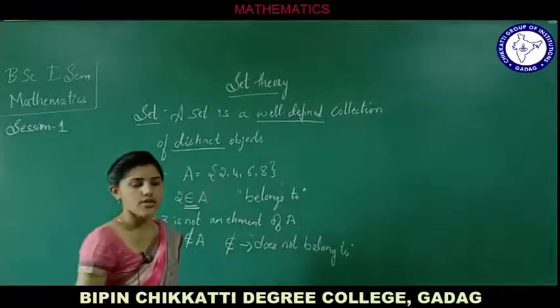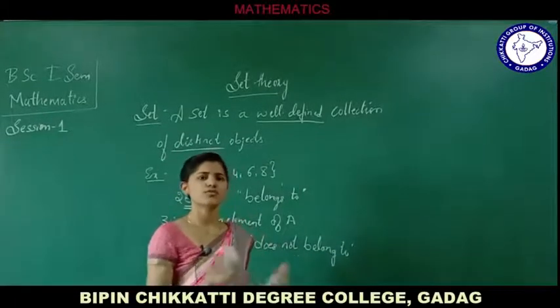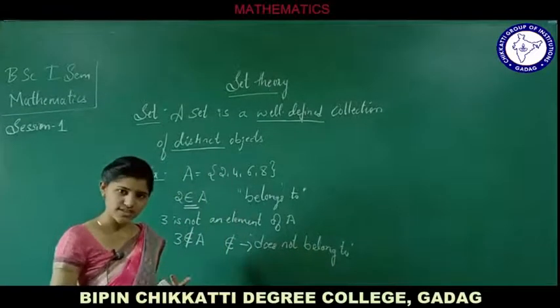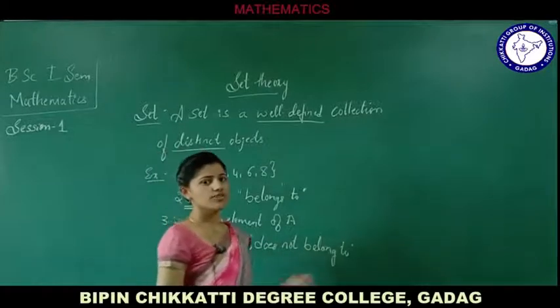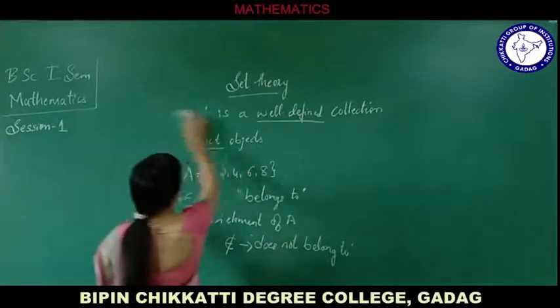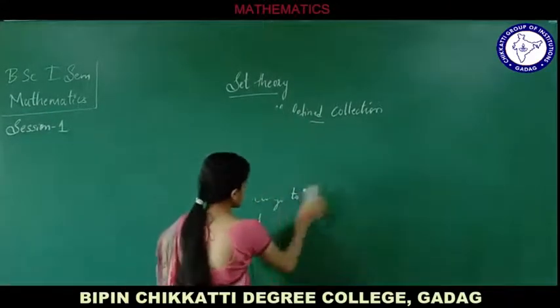Next we are going to study the operations on sets. We already know so many operations, that is union of sets, intersection of sets, difference of sets, complement of sets. All this we are going to study now under the heading operations on sets.